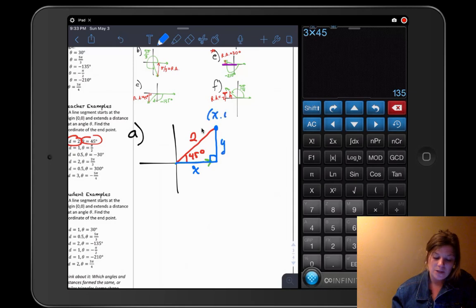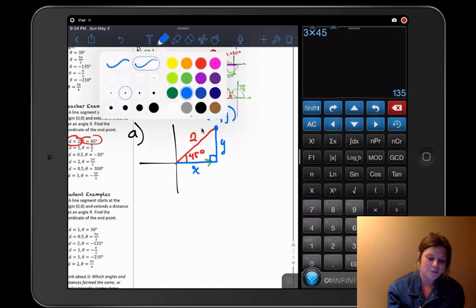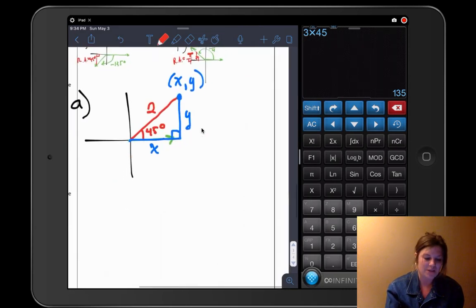And so we are going to be finding the x and y for our triangle. That is our coordinates. That's why reference angles are so amazing, is because they help us find the coordinate of the point that is at the end of that line segment, depending on how long the line segment is. Okay, also, super exciting. We get to go back and use our geometry skills that we had from last year. So it's going to be pretty simple though. It's just going to be sine and cosine.